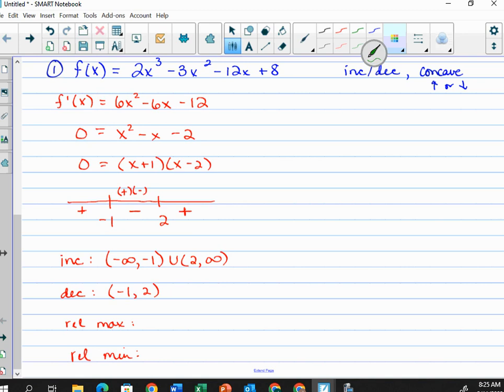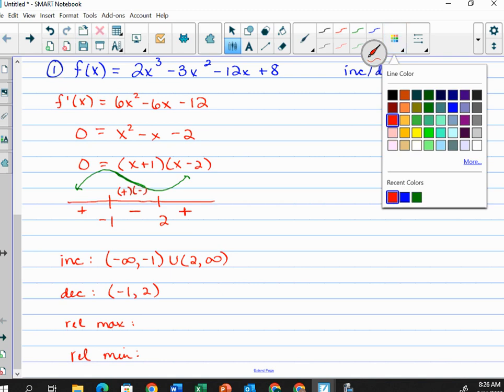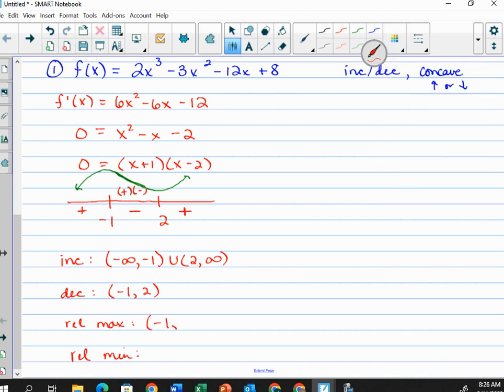Where it's positive, it's increasing, and where it's negative, it's decreasing. It increases, decreases, and then starts increasing again. That's the really rough shape of my graph, not at all on a grid, but that's the idea. So at -1, is that going to be a max or a min? A max, okay. So I've got a relative max at -1.